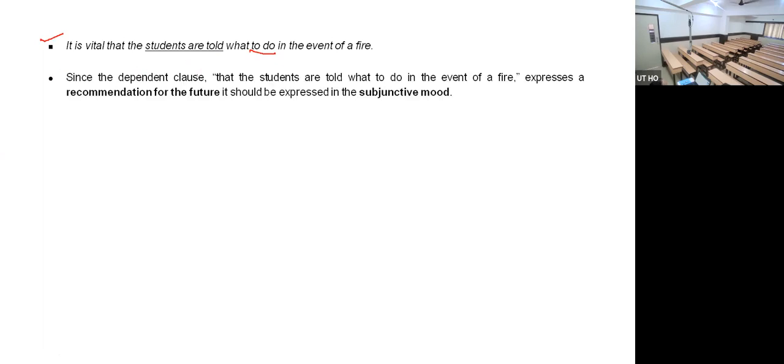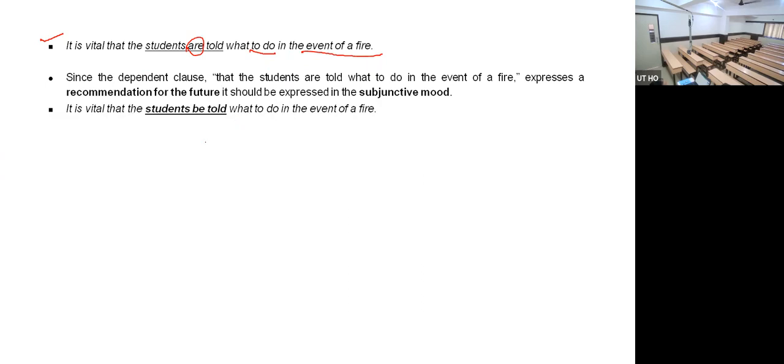Right? Okay, now there's a little bit when we come to the infinitives, the to-do form of the words. It is vital that the students are told what to do in the event of a fire. Now here we have a little catch. This is not something that is happening right now or not definite to happen. Event of a fire is something of a hypothetical situation. It may happen, right?